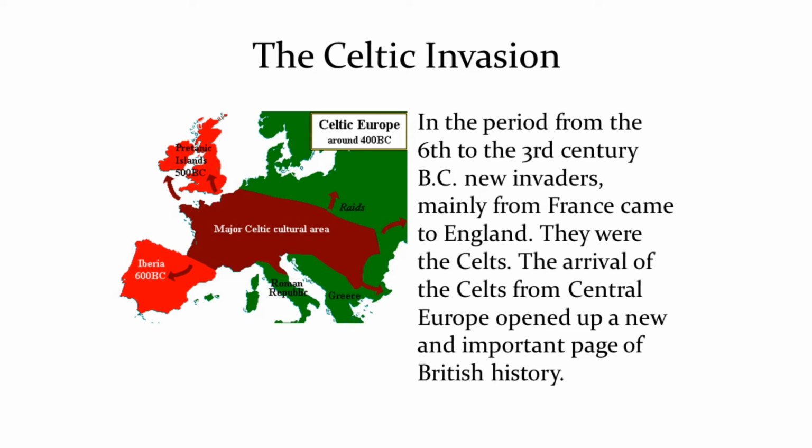In the period from the 6th to the 3rd century before Christ, new invaders, mainly from France, came to England. They were the Celts. The arrival of the Celts from Central Europe opened up a new and important page of British history.